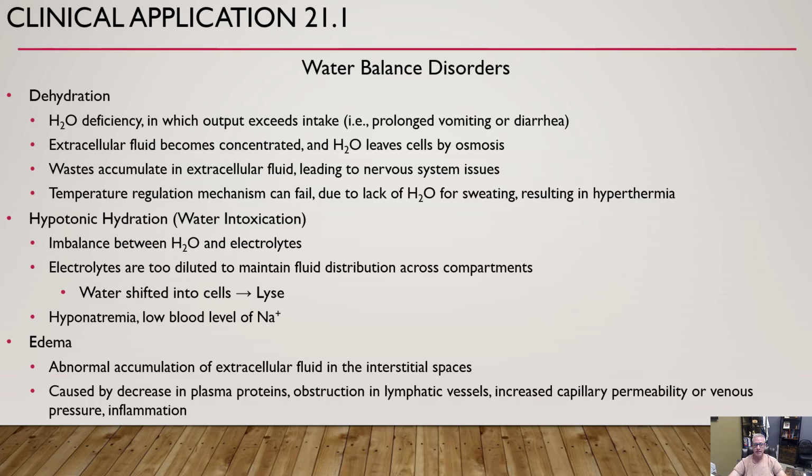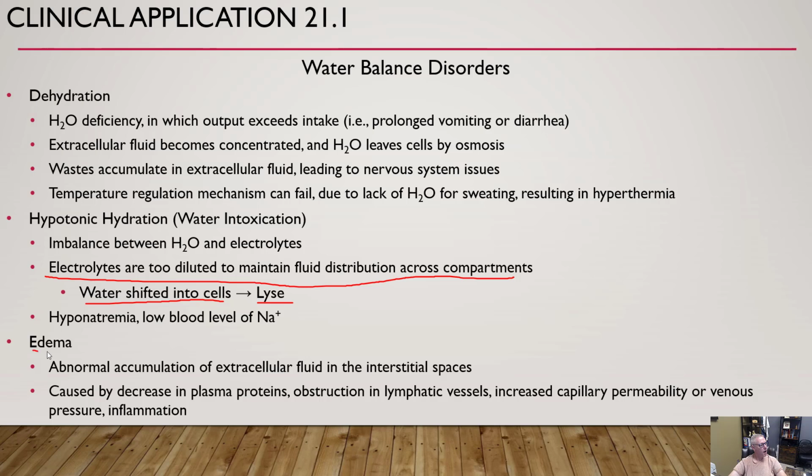Basically, the electrolytes were too diluted to maintain this fluid distribution, and the water rushed into her red blood cells, which caused her red blood cells to swell up and burst.